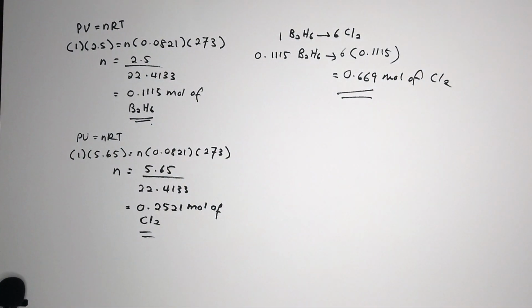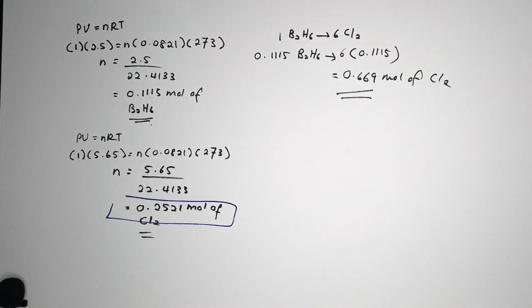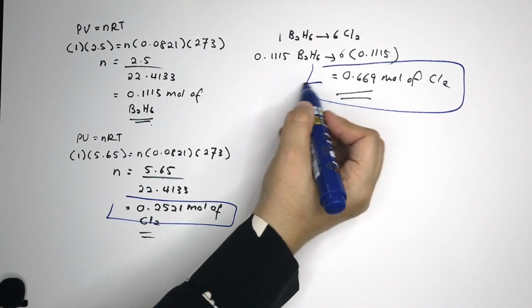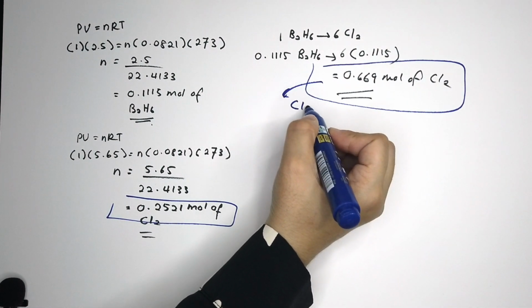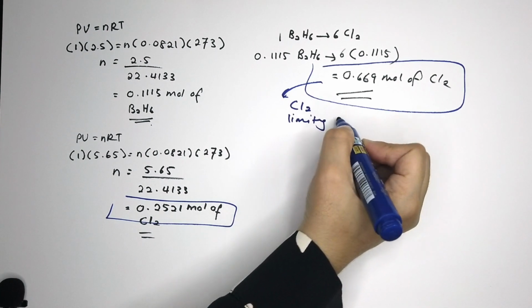If you compare these two numbers, you only have 0.2, but you actually need 0.6. So we can consider the Cl2 is actually the limiting reagent.